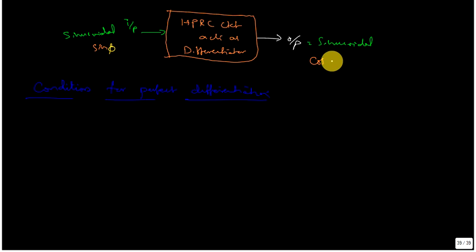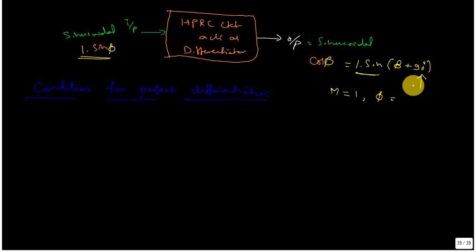When you apply sin theta, the output is cos theta, which can be written as sin(theta plus 90 degrees). For a perfect differentiator, the magnitude remains the same, 1 into sin theta, and only the phase angle differs. So the magnitude is 1 and the phase angle of the output response is 90 degrees.